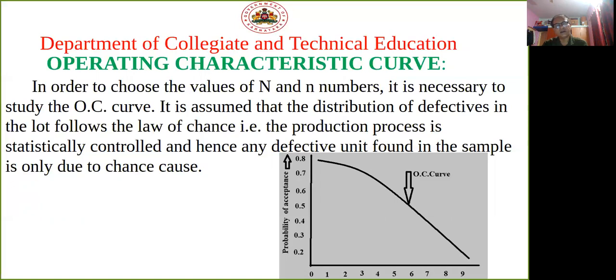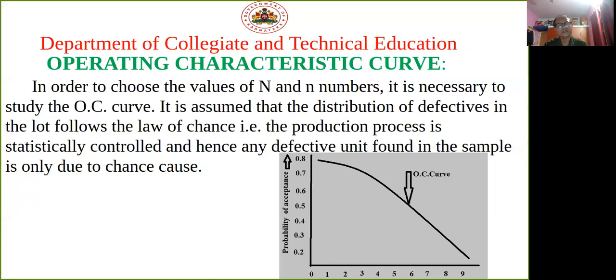This OC curve is there to help us choose the values of capital N and small n. As I've told you, sometimes the lot size will be varying and the sample size will be constant, sometimes the sample size will be varying and the lot size will be constant. Those are factors we are not aware of.